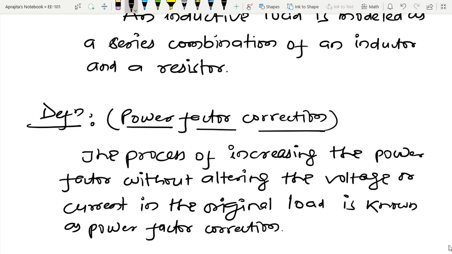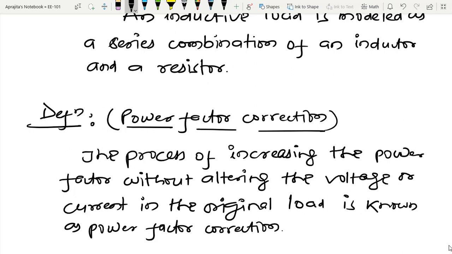So that is the definition of power factor correction: first I will identify the load, and after that I am going to add some kind of correction mechanism or some kind of circuit which is going to correct the power factor without altering the voltage and current in the original load.